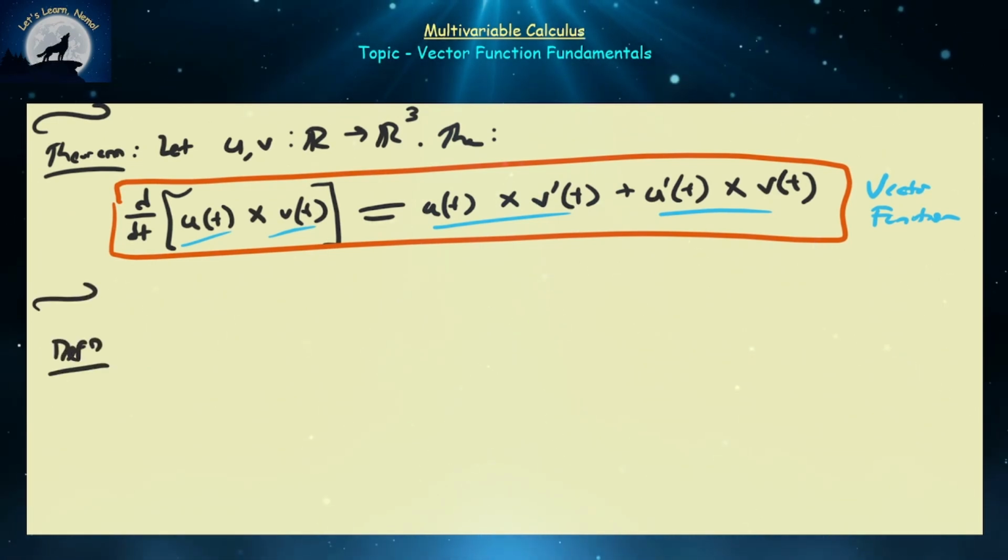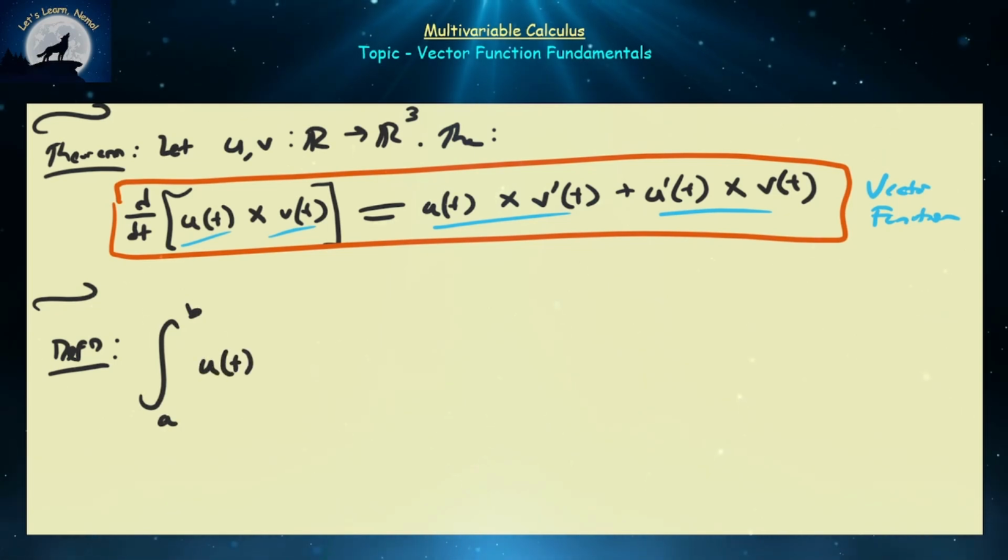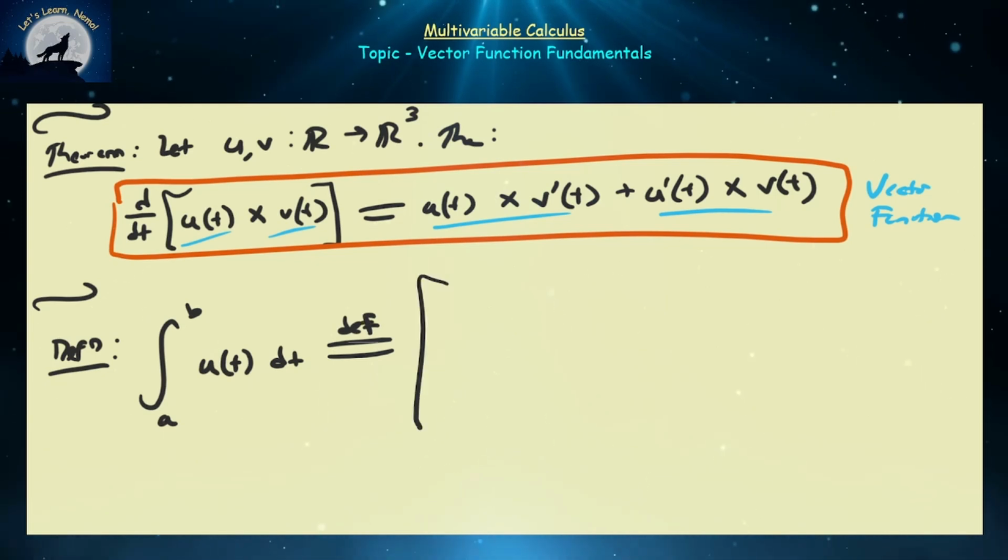And one can say, well, if you can take derivatives of vector functions, can you take the integral of them? The answer, of course, will be yes, as long as they are integrable. So the integral from a to b of vector function u(t) dt will be defined to be equal to the integral of the individual scalar function components.